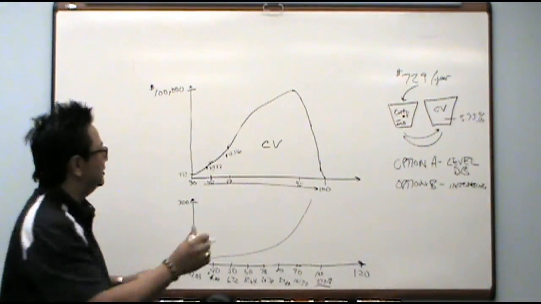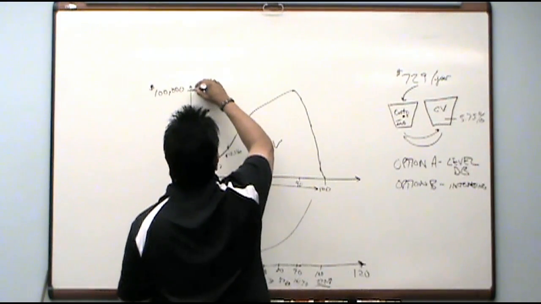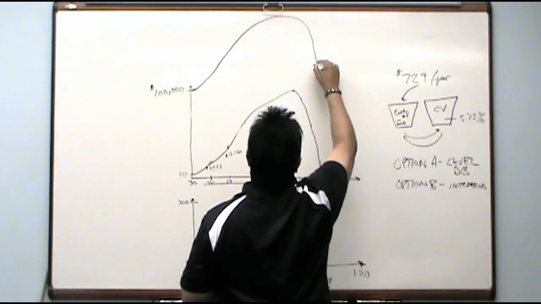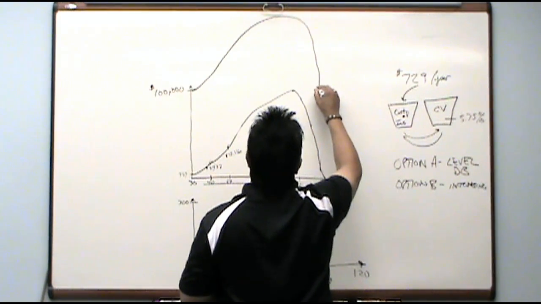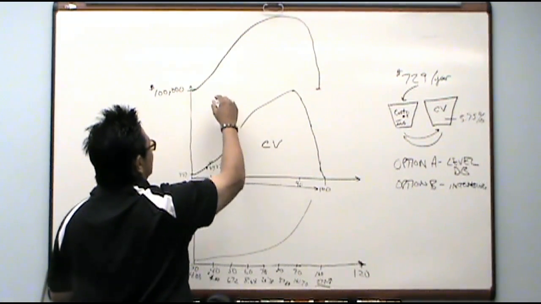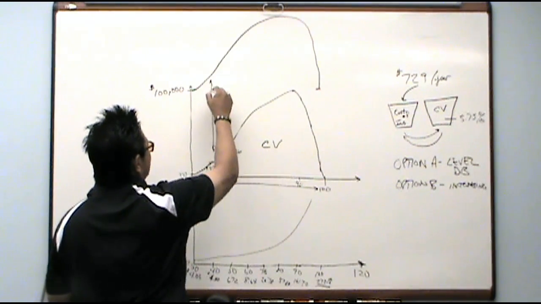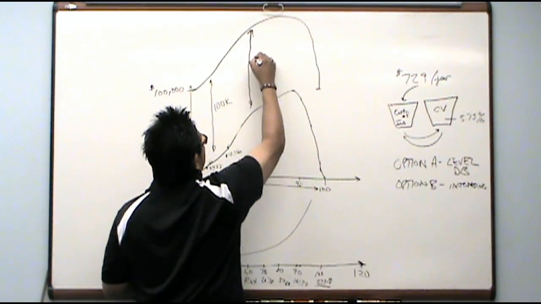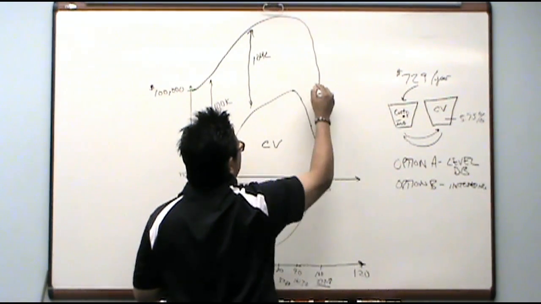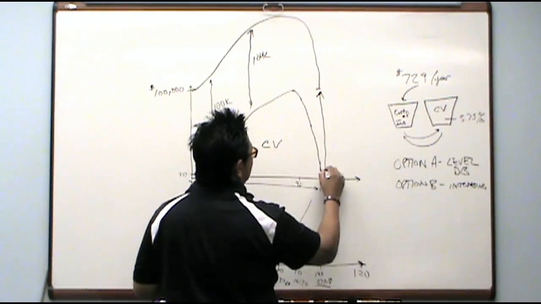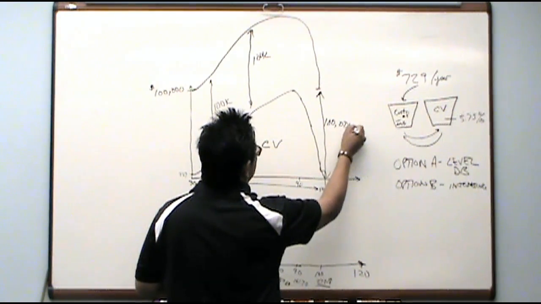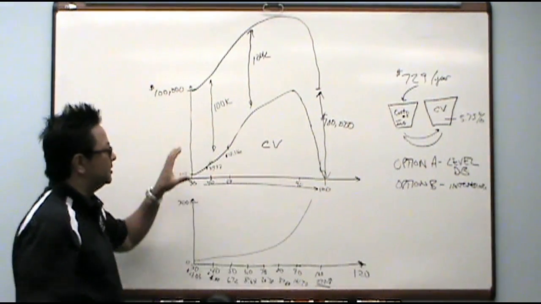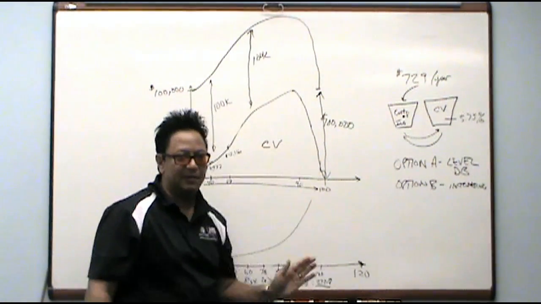So the amount of insurance will continue to increase. Okay. So this difference here is always going to be 100,000. This difference is 100,000. This difference here is 100,000. That's the death benefit. So the insurance company's always going to be on the hook for 100,000.